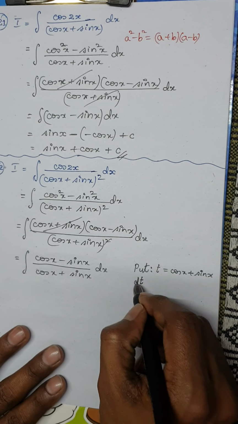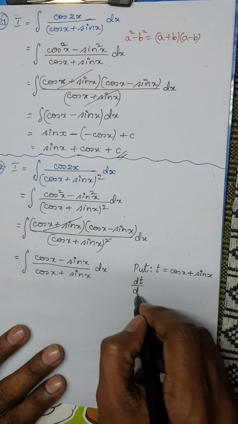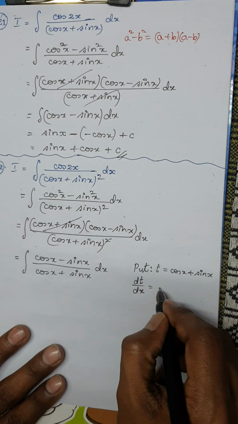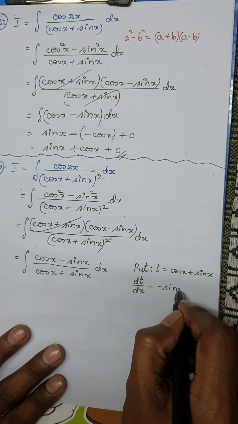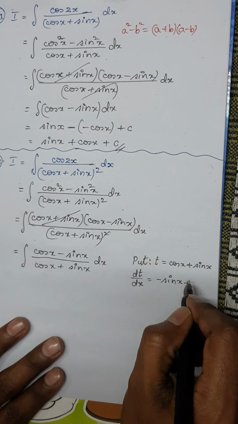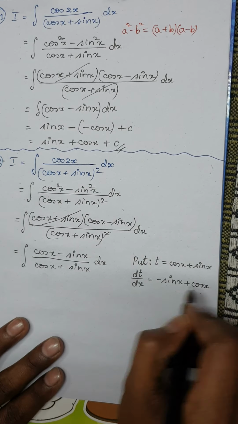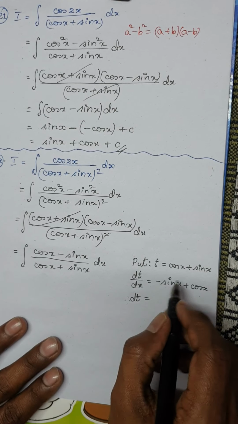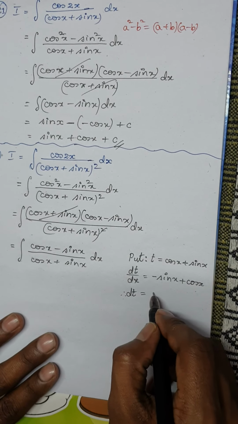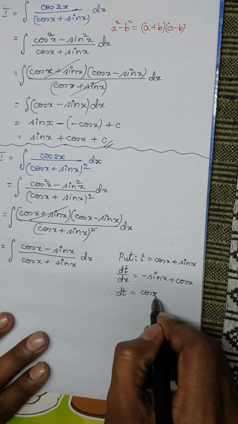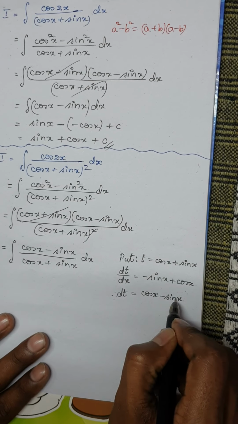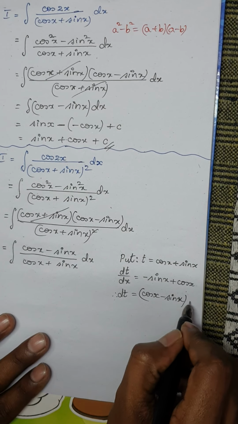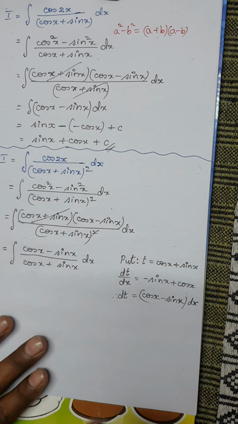If you differentiate with respect to x, dt by dx would be, the derivative of cos is minus sin x and the derivative of sin is plus cos x. Therefore dt would be (minus sin x plus cos x), which can be written as (cos x minus sin x) into dx. Okay, cross multiplying.